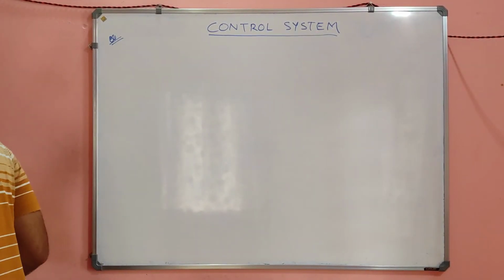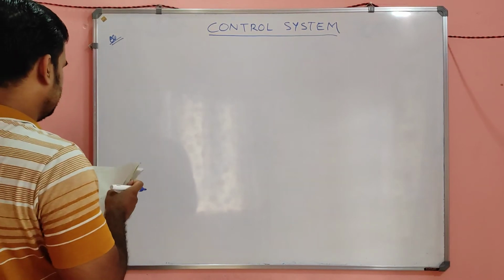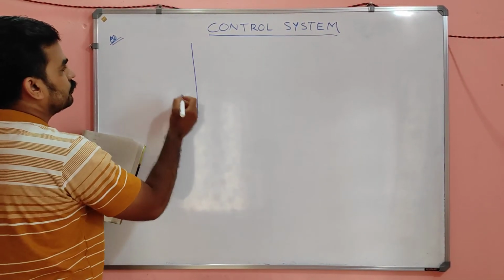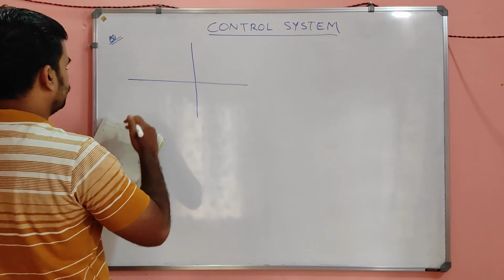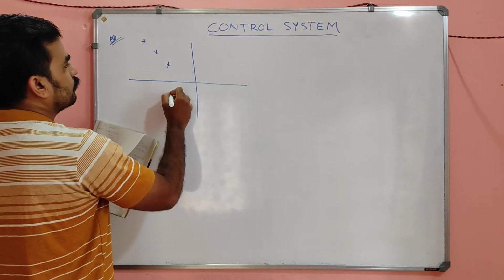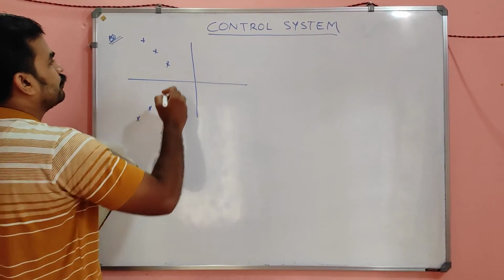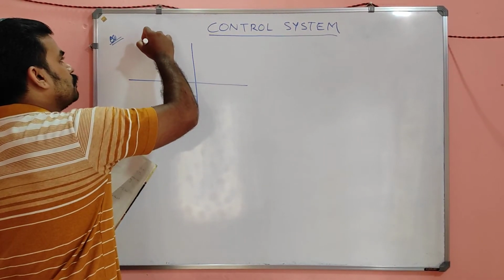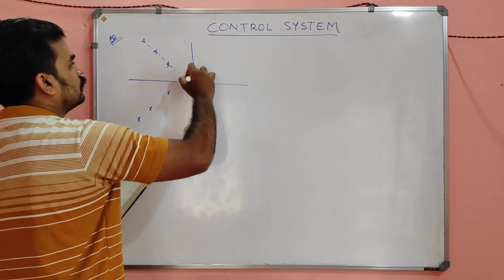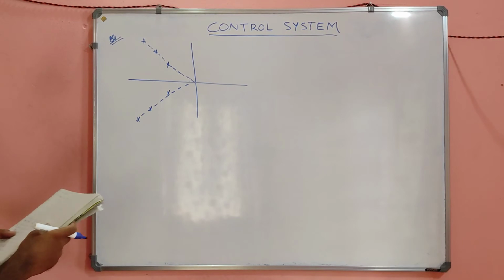Next question is also a conclusion type. Suppose the orientation of the poles is like that.